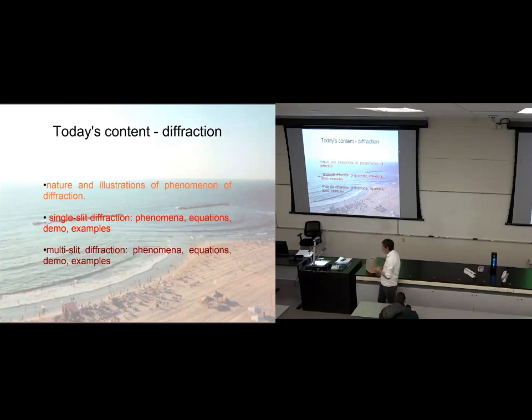Then we'll turn to what's called multi-slit diffraction. That involves multiple slits, obviously, and we'll talk about the effect of multi-slit diffraction. We'll see equations that describe it, and we'll look at some example problems involving multi-slit diffraction. So that's the plan.